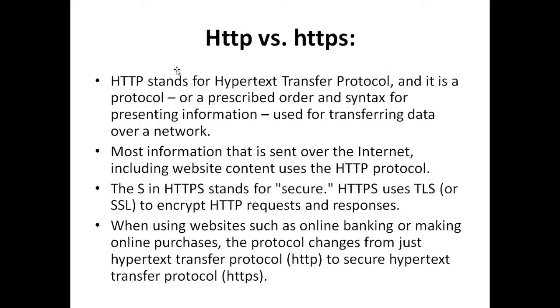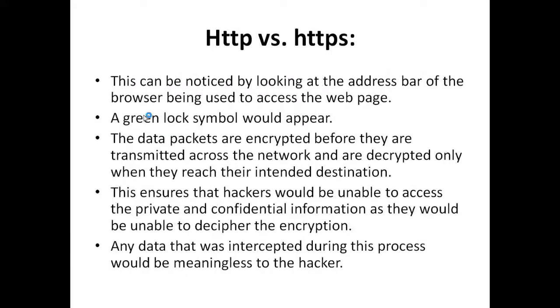When using websites such as online banking or online purchases, the protocol changes from HTTP to Secure Hypertext Transfer Protocol, that is HTTPS. This can be noticed by looking at the address bar of the browser being used to access the web pages. A green lock symbol would appear and the HTTP would change to HTTPS.